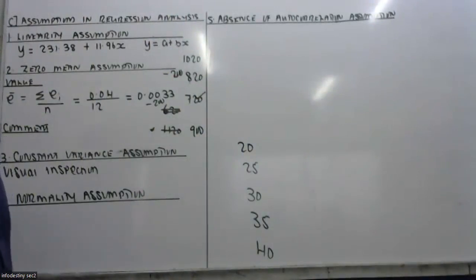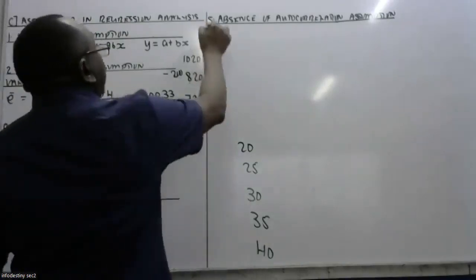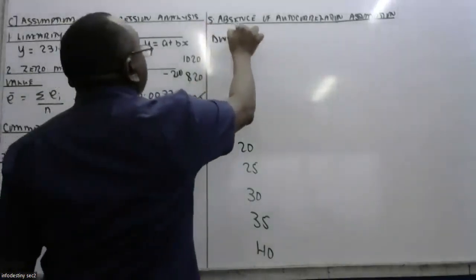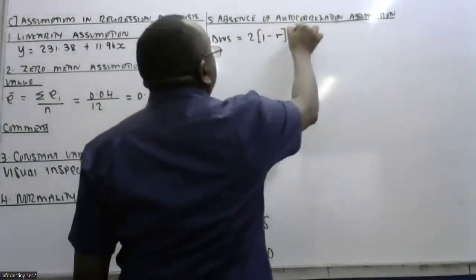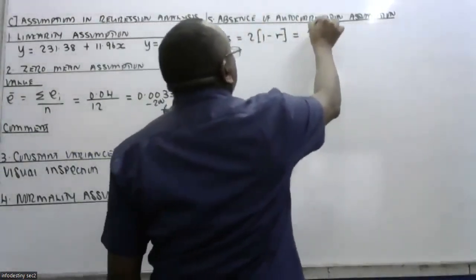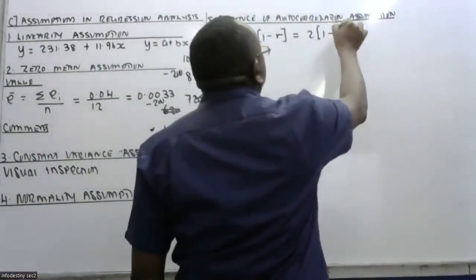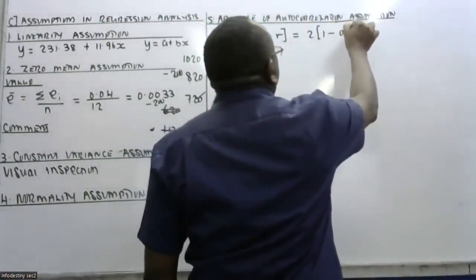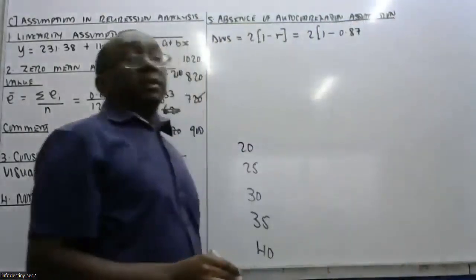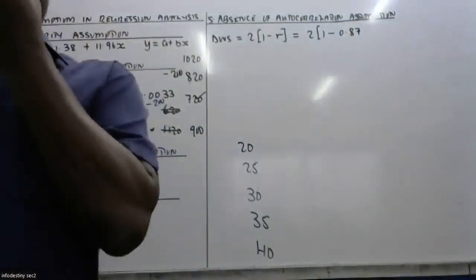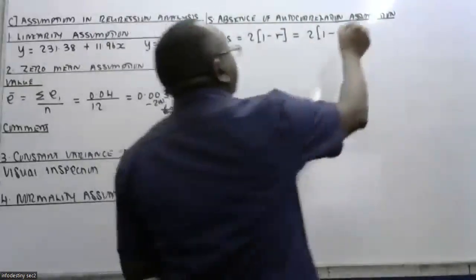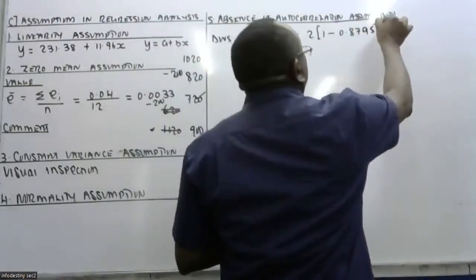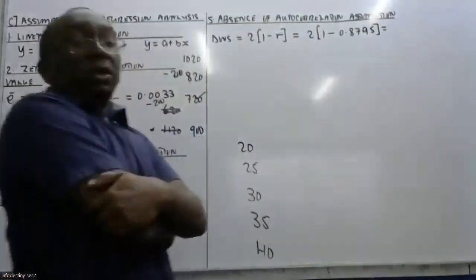Are not influencing each other. First of all, using BWS, 2 brackets 1 minus R, that is 2, 1 minus 0.8795, because the correlation coefficient was 0.8795.